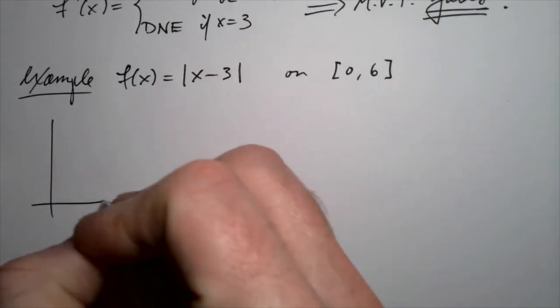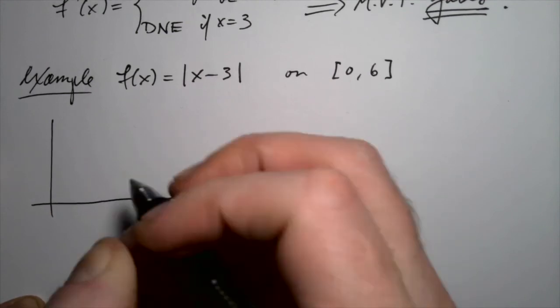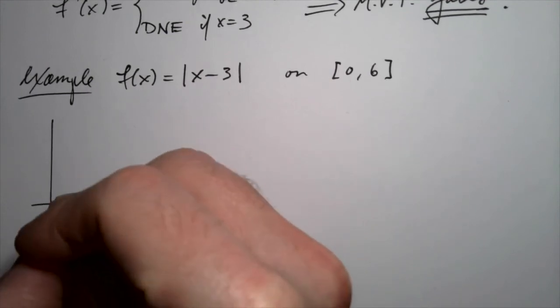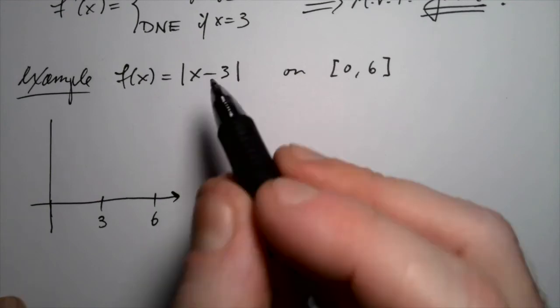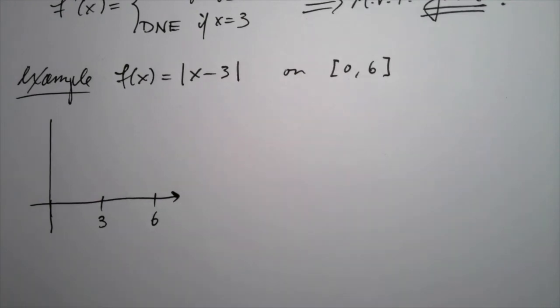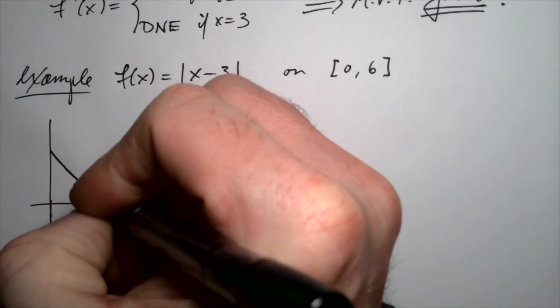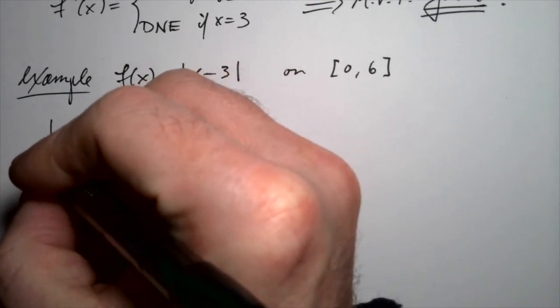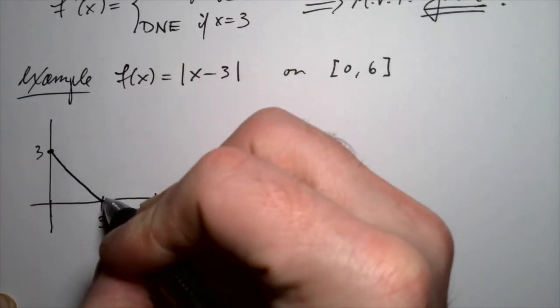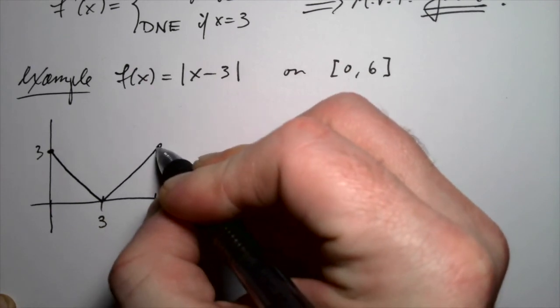What's that function look like? Well, it looks just like the absolute value function, but notice that I've subtracted 3 from the x-coordinate. That shifts the graph of the absolute value function to the right by 3. So this function looks just like absolute value. It starts at a height of 3, it goes down, it hits the x-axis, and then it rises back up.